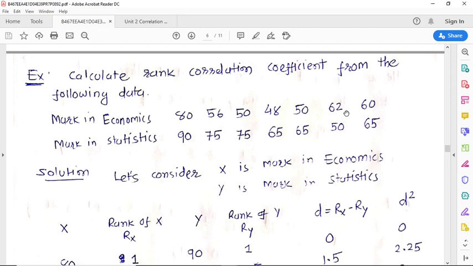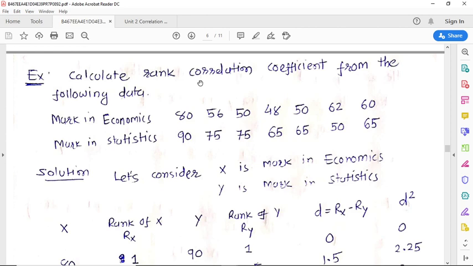Then marks in statistics we have 90, 75, 75, 65, and all the remaining values. So there are 7 students in this data, with marks in economics and marks in statistics. So we need to check the rank correlation between these 2 marks, whether it is in positive orientation or negative orientation.